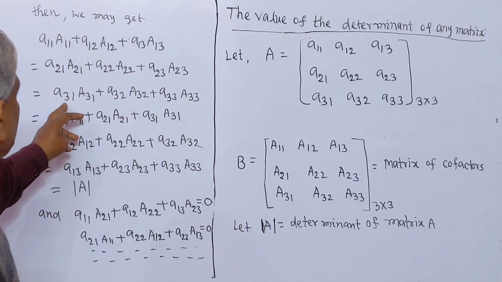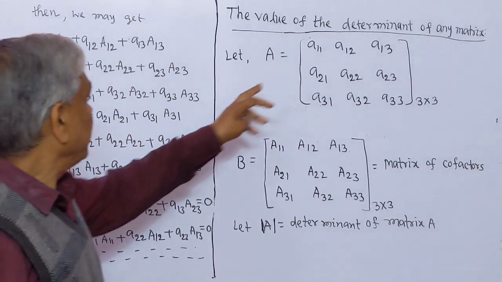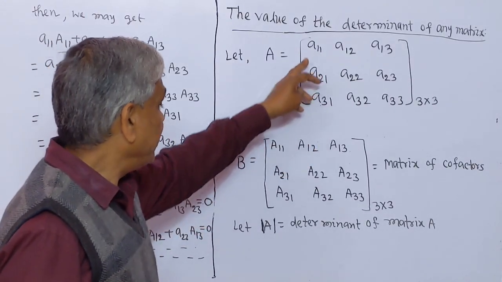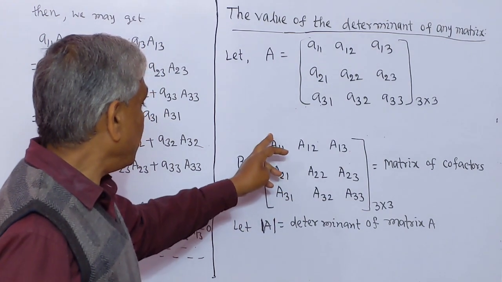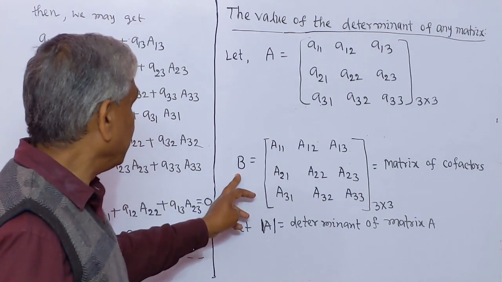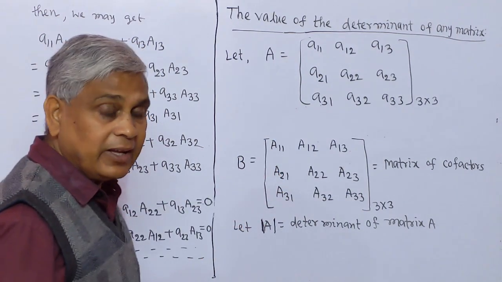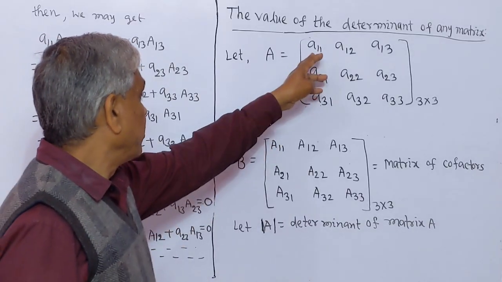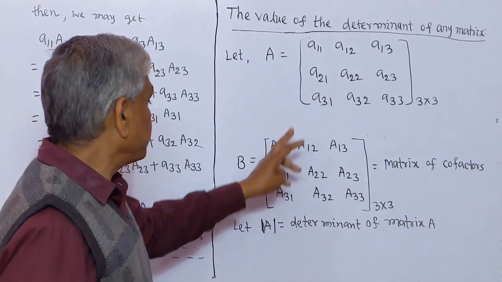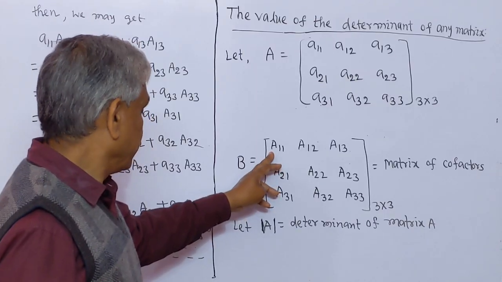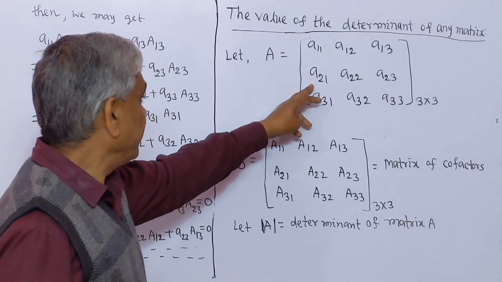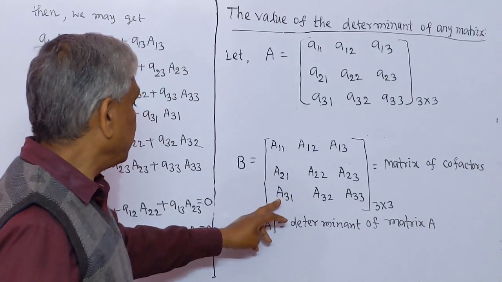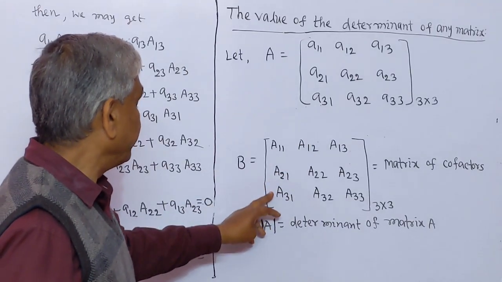Similarly, if we take the elements of first column and multiply with the elements of first column of B and then add, that means element corresponding cofactor multiplication, element corresponding cofactor multiplication, element corresponding cofactor multiplication, and add them.